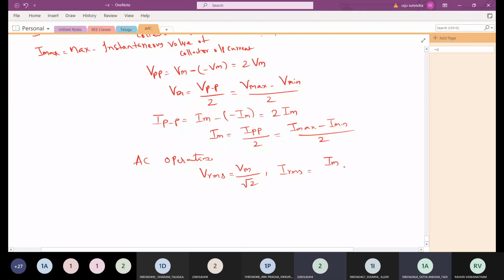Im by root 2. And here we can write VRMS is equal to IRMS multiplied by the resistance at the output end, RL.